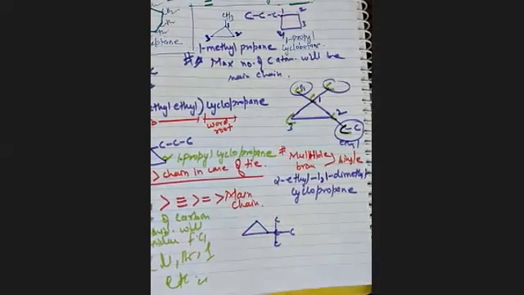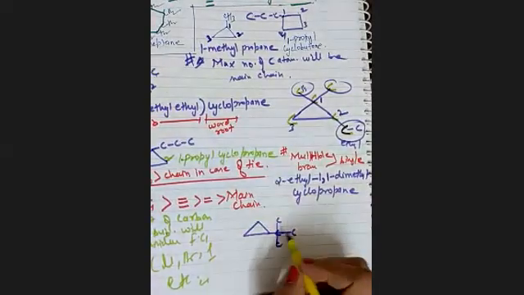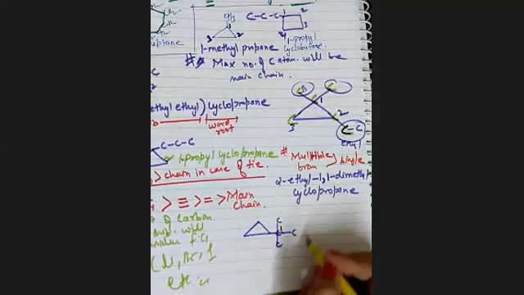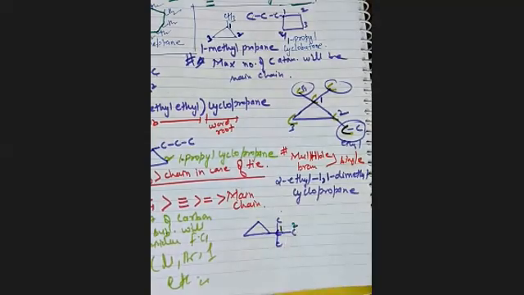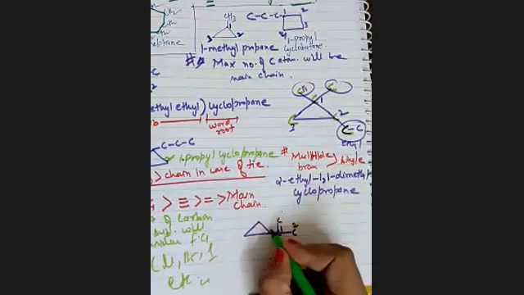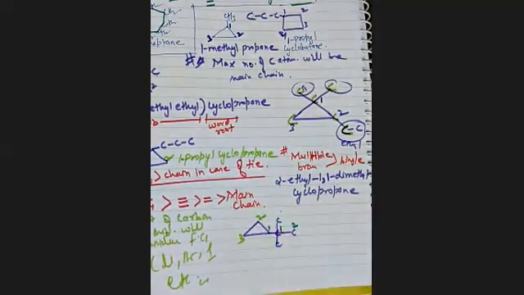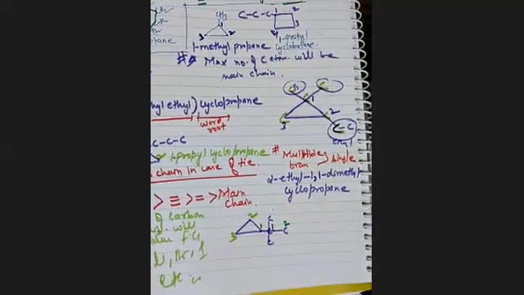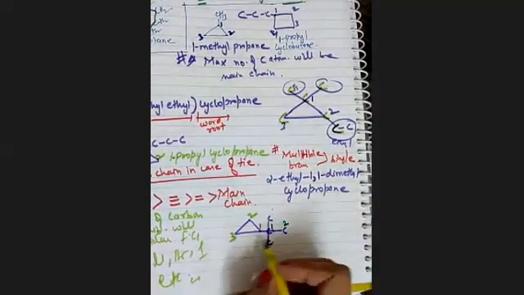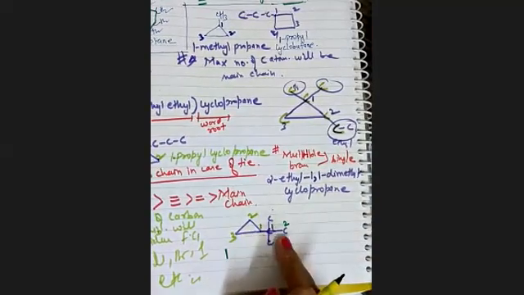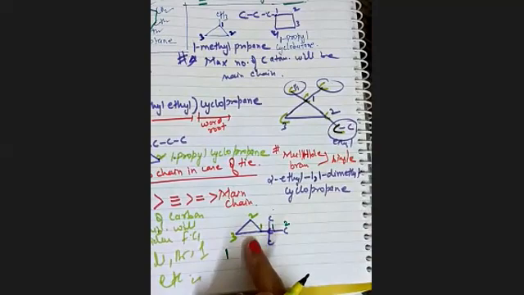So let me change the color so that I can tell you. Yes, so the main chain, main carbon will be this. Either you can go to this. All can be the longest chain, meaning from all directions we have the same chain. So this will be 1, 2. Now in this it will be 1, 2, and 3. Clear? Let's do nomenclature. First we will write the position with which your substituent is attached. It is attached to the first carbon.